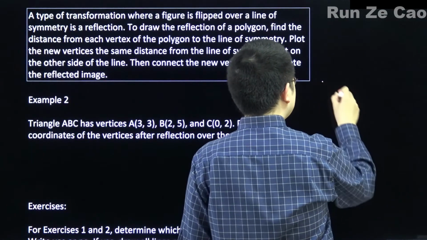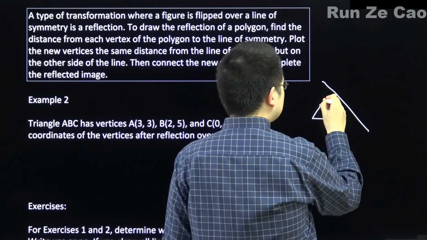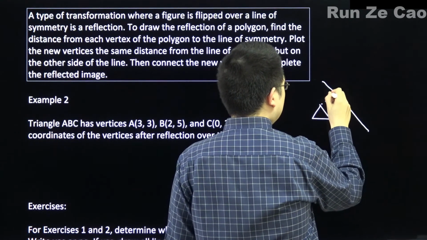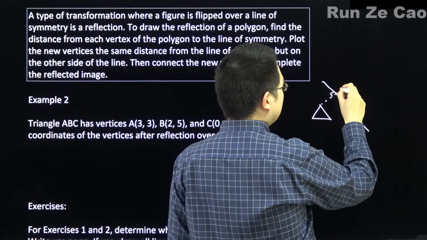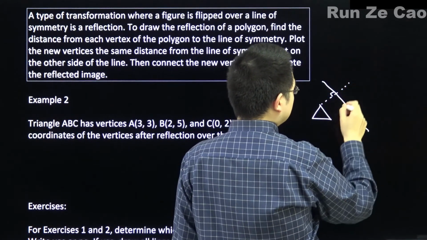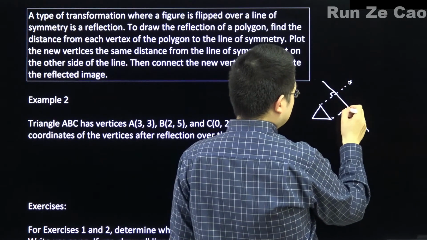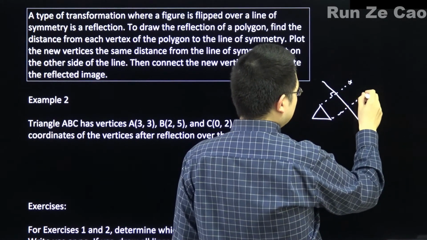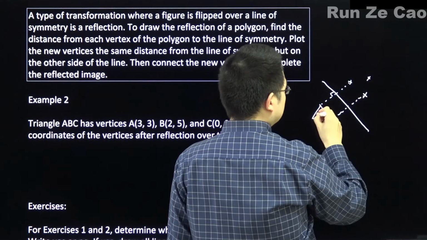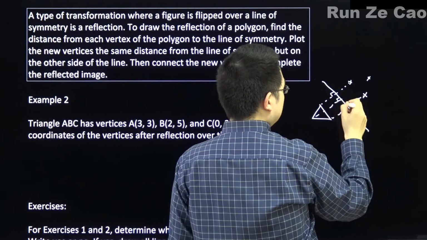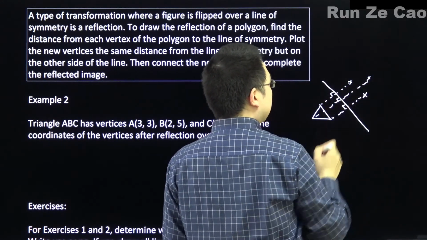Like say if you have this line and you want to reflect this shape, you would draw to the line of symmetry, the closest distance, which is perpendicular. You would extend it by the same amount, and there would be a point. And here also, there would be a point, and the same for your last point. These would all be perpendicular to your plane of symmetry.